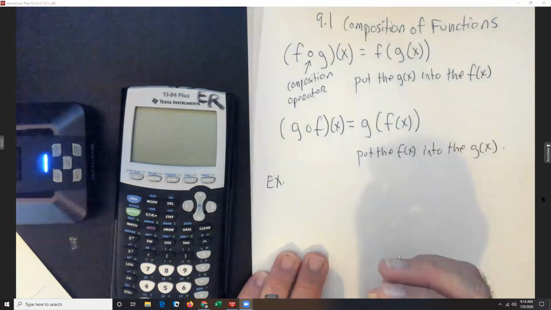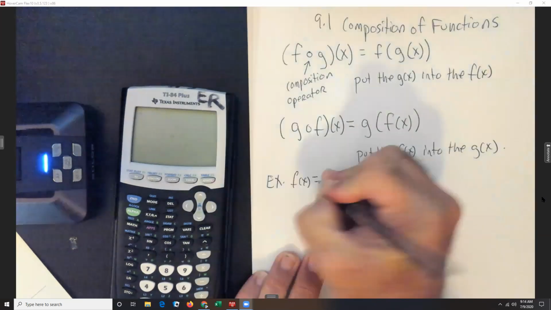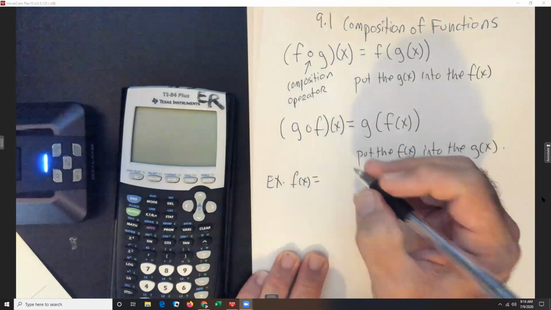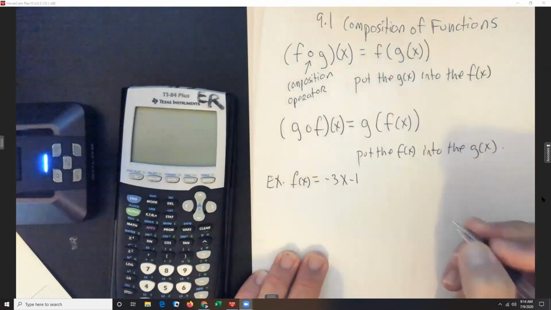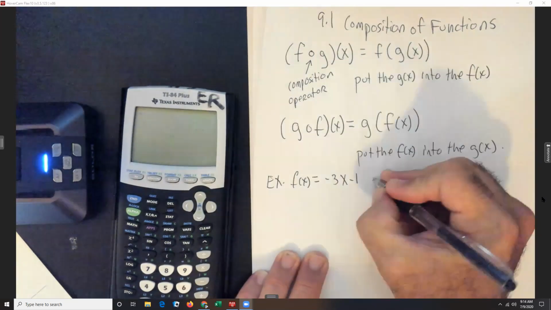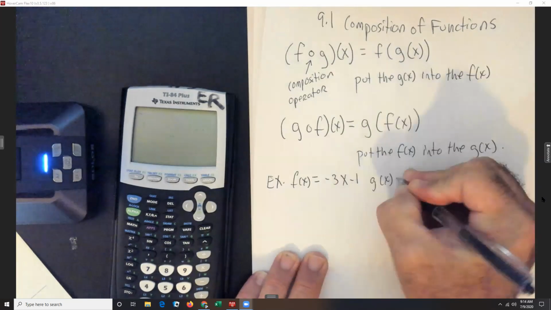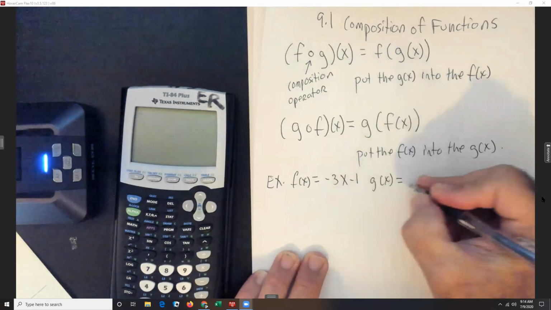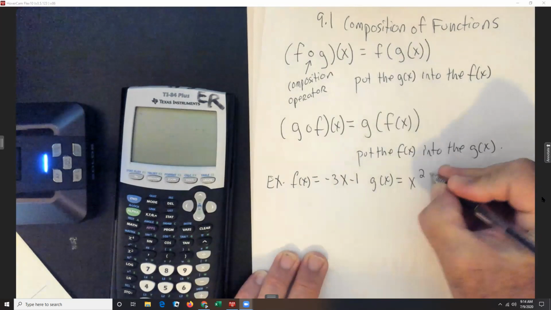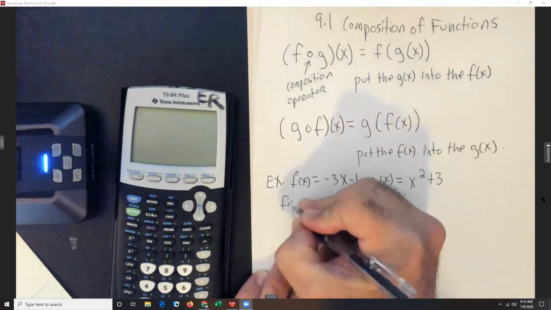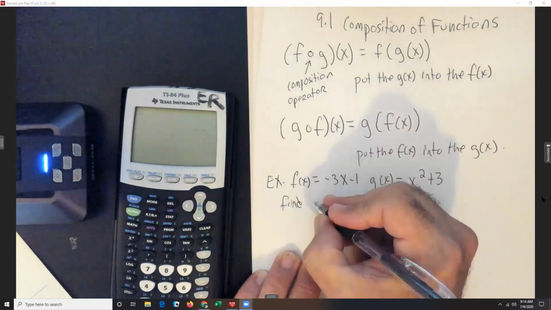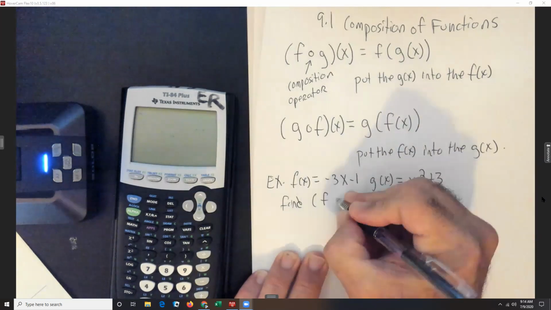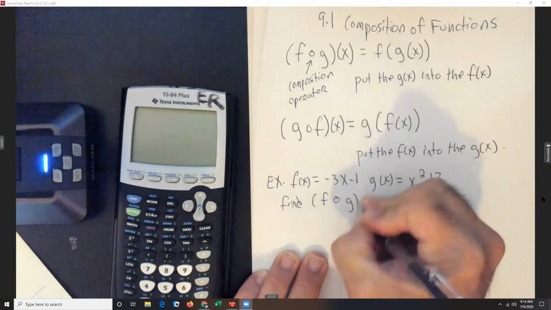F of x is going to equal negative 3x minus 1. G of x is going to equal x squared plus 3. They want me to find f of g of 6.